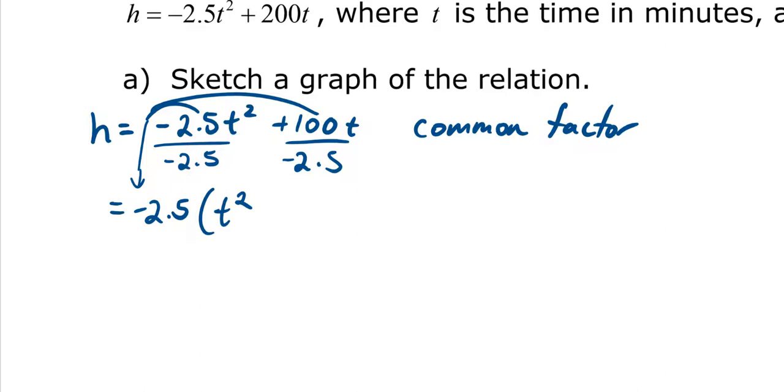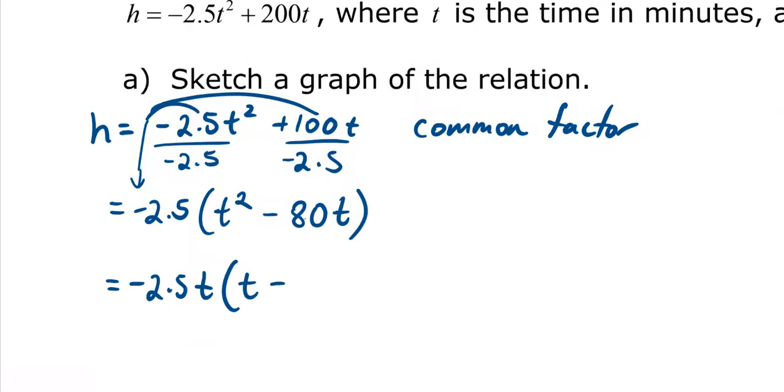100 divided by negative 2.5 is negative 80, so minus 80. And don't forget you still have a t. I can also common factor out a t, so I'll put negative 2.5 t. And so t squared divided by t is t, and then 80t divided by t is just minus 80.